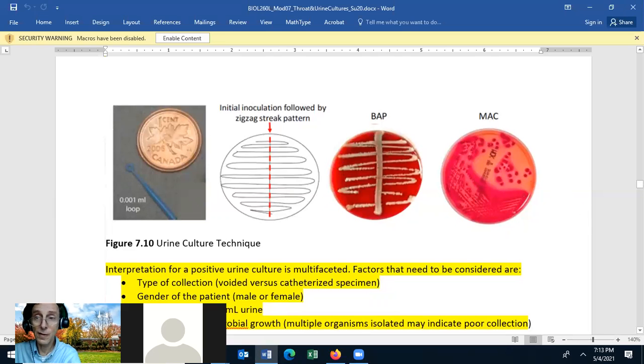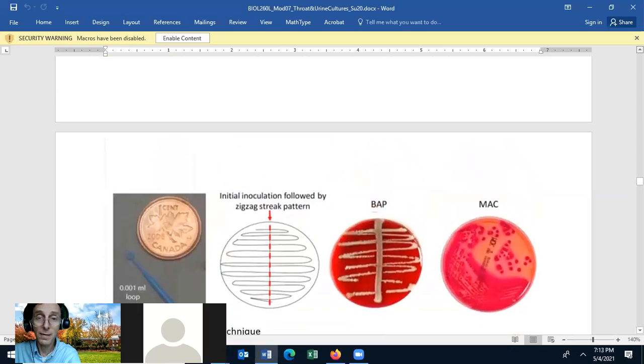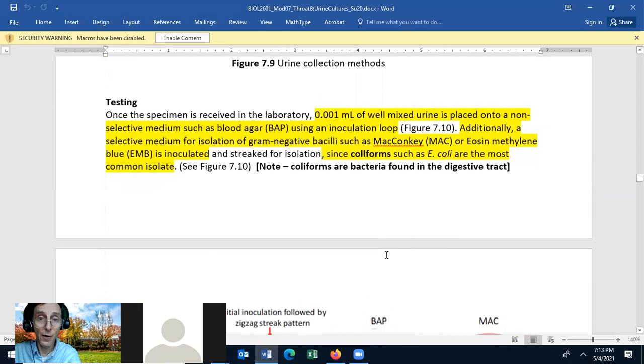In addition to growing the bacteria on a blood agar plate, which will allow everything to grow, it's also a good idea to put the urine on a MacConkey plate or an eosin methylene blue plate, because these media only allow gram-negative bacilli to grow. The reason is the most common cause of urinary tract infection is a coliform like E. coli.